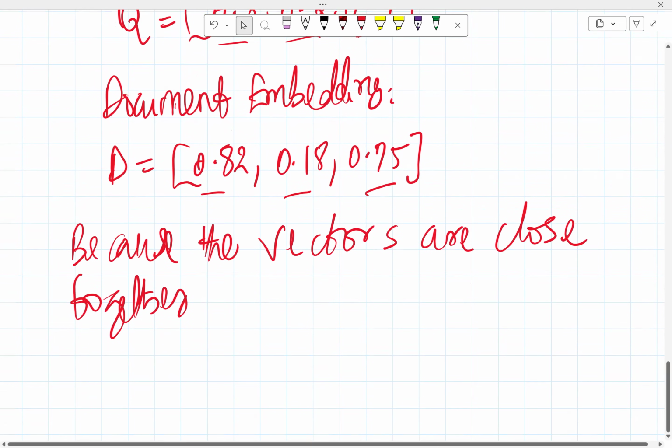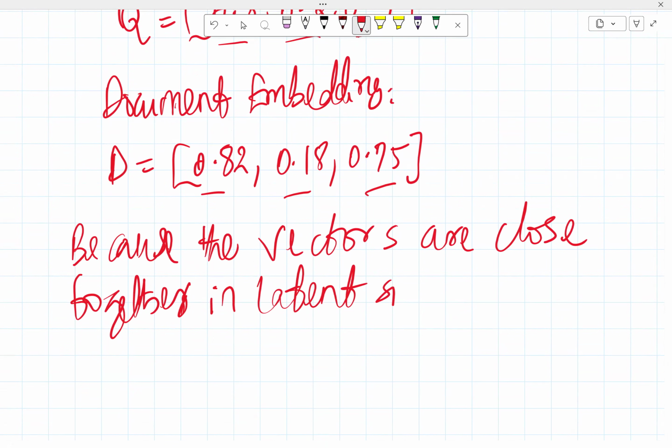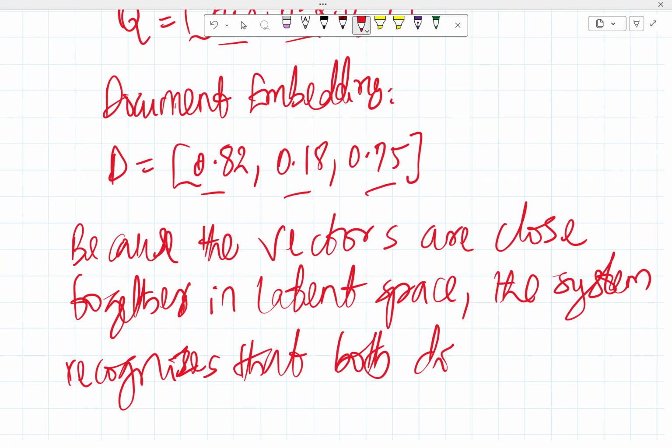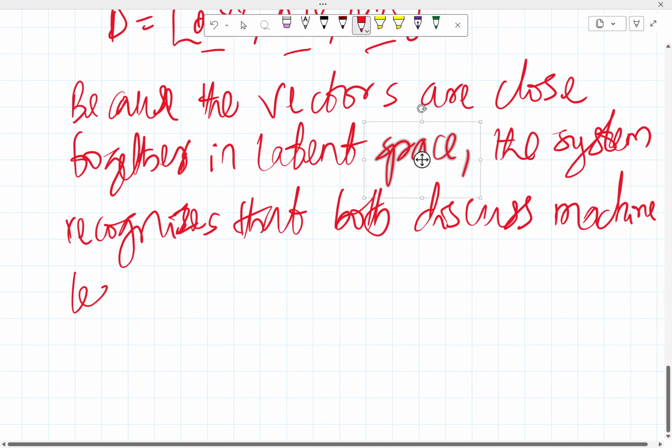So because the vectors are close together in latent space, the system recognizes that both discuss machine learning concepts.